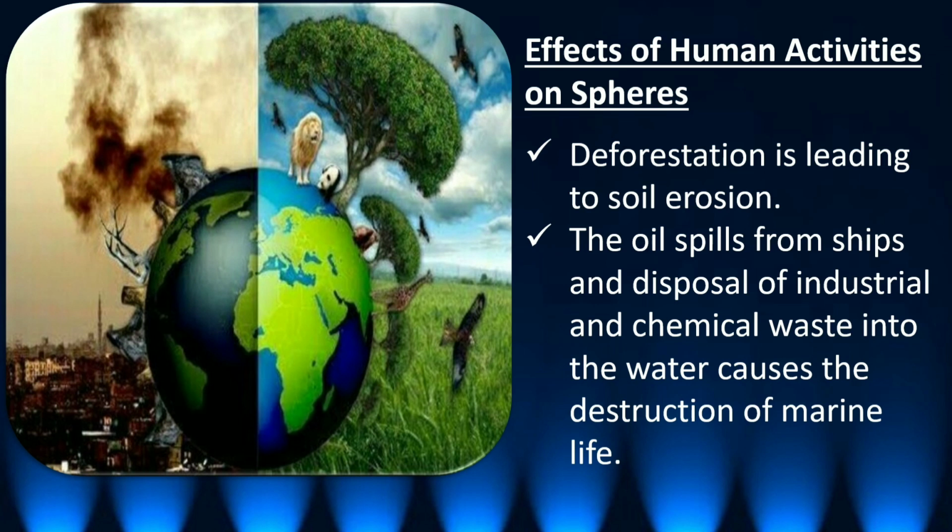The effects of human activities on the four spheres of the earth. Firstly, deforestation. Deforestation is leading to soil erosion. So, in order to make sure that the soil is not eroded, planting more and more trees is very important. Secondly, oil spills from ships and disposal of industrial and chemical waste into the water cause the destruction of marine life.